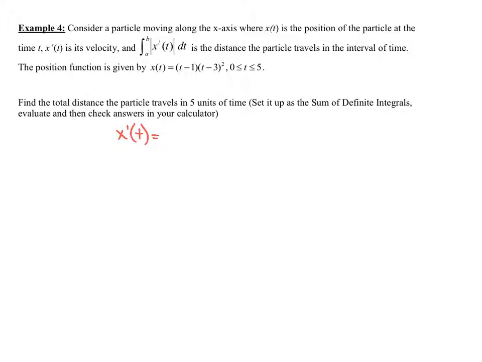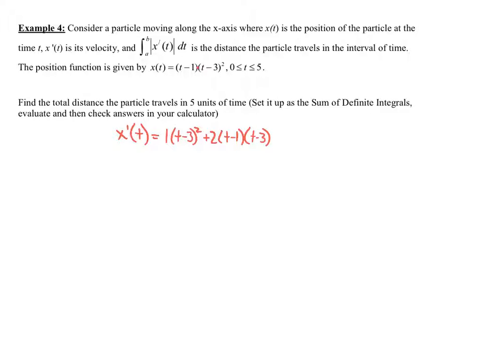Okay, so the first one has a derivative of 1 times t minus 3 squared, plus the first one, t minus 1, times the derivative of the second. What's the derivative of the second? 2 times t minus 3, times 1. Yeah, t minus 3 is to the first, times 1 is the derivative of the inside, so they were a little nice to you.